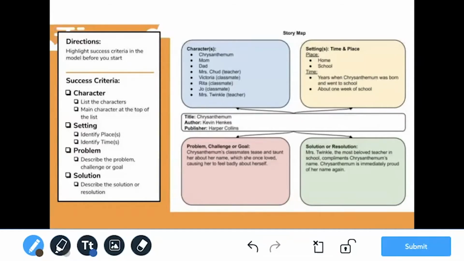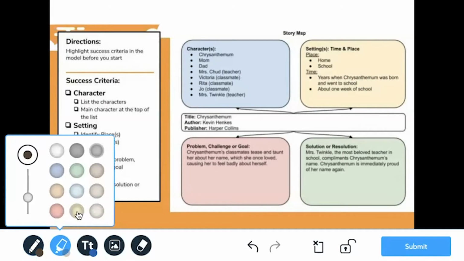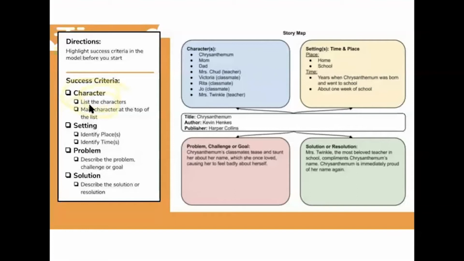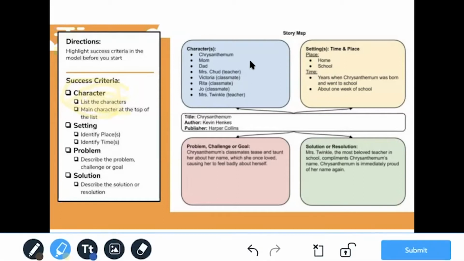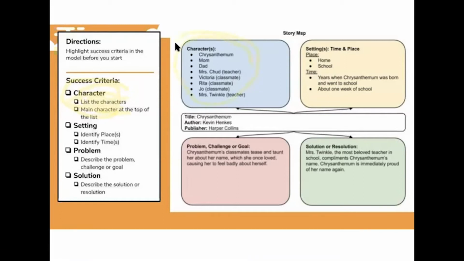So you can make those directions disappear. And then we can go to the highlighting tool and we can look for just the character criteria. I have to list the characters and the main character has to go on the top of the list. And so then I can check right here. Oh, yep, the main character is at the top of the list.